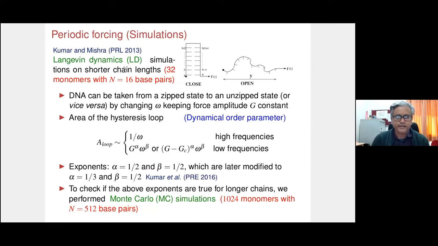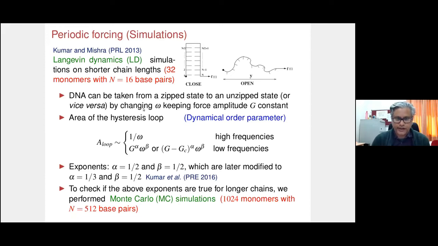They used Langevin dynamics simulations on short chain lengths. Here is their model, a short chain with 16 base pairs, and they apply a periodic forcing f(t) at one end, keeping the other end fixed. What they found is that the DNA can be taken from a zipped state to an unzipped state, or vice versa, by changing the frequency of the force, keeping the force amplitude constant.